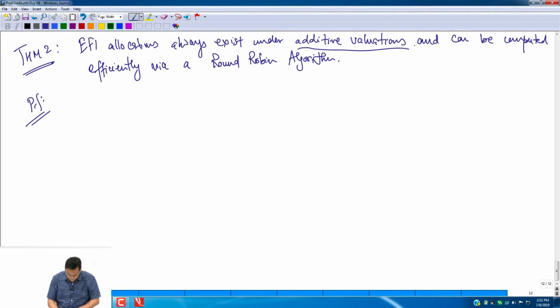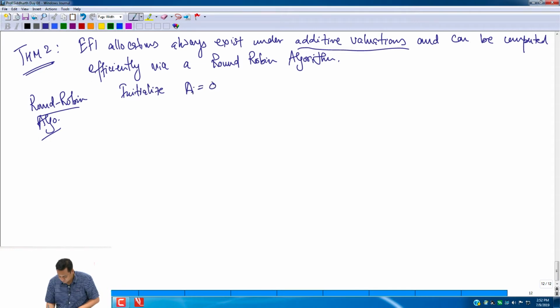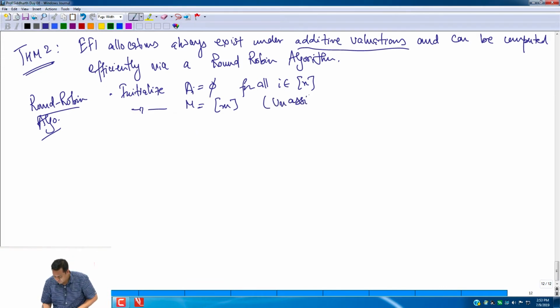Before the proof, I will actually write the algorithm. Again, M is the set of unassigned goods that keeps getting updated or reduced as the algorithm progresses.